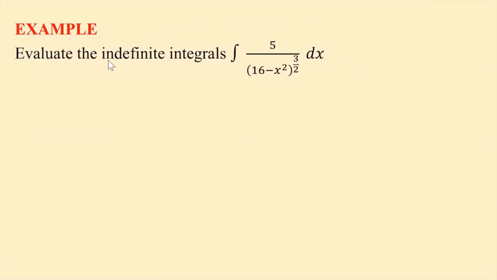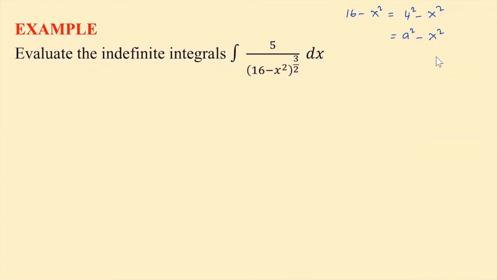Example: evaluate the indefinite integral of 5 over (16 minus x squared) raised to 3 over 2. When we look at this integral carefully, we see that in the denominator, we have 16 minus x squared, which is the same as 4 squared minus x squared, like a squared minus x squared.